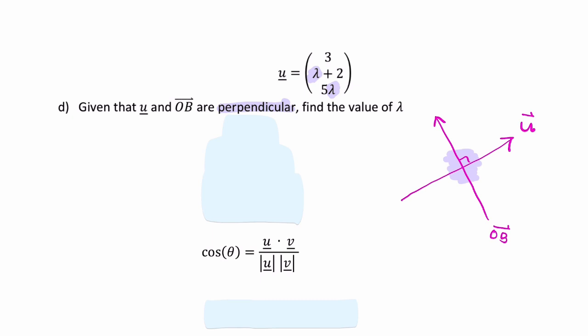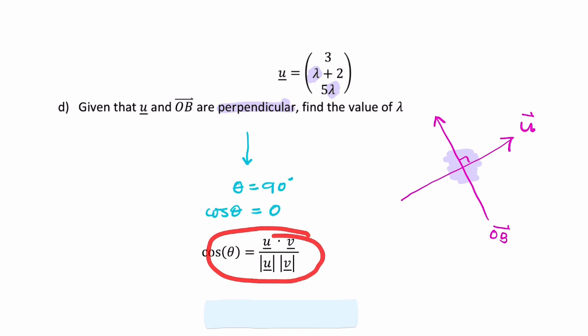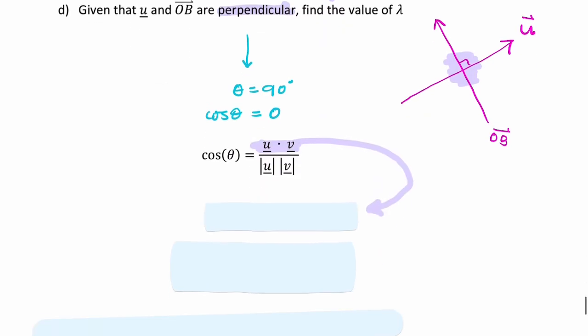Okay? And that's important because knowing that we're talking about 90 degrees, it means that the cosine of the angle is 0. And we know in vectors we can find the cosine by finding the dot product. So if the vectors are perpendicular, we know that the cosine is going to be 0, and therefore this numerator, the dot product, has to be 0.